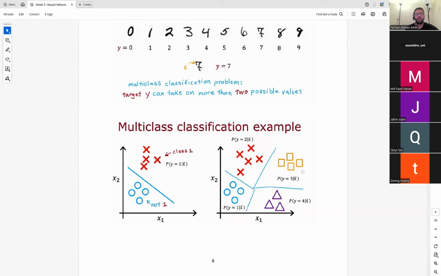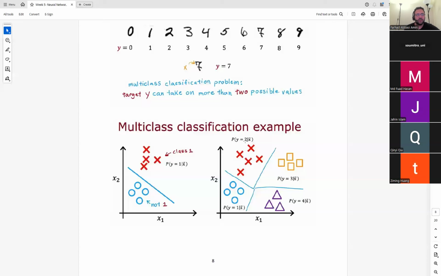But if you take a look at this data set, you can see that the decision boundary of the multi-class classification could be something like this. Divide this area into four sub-areas or subsets. The first one with the probability of y being 1, the second one, the probability of y being 2, third one, y being 3, and the fourth one, the probability of y being 4.